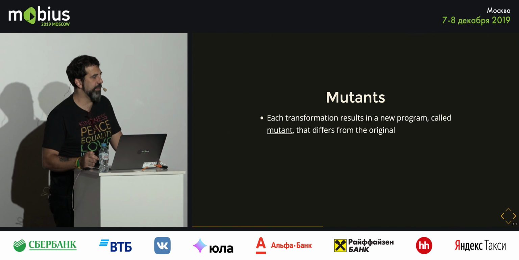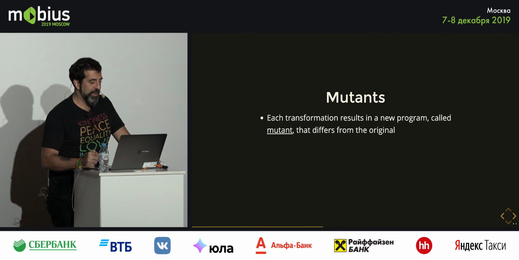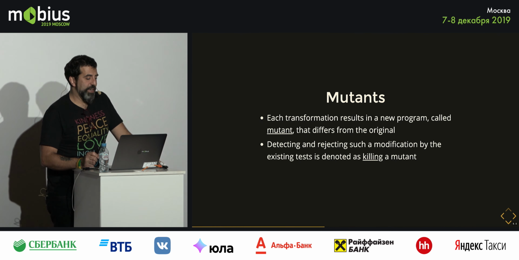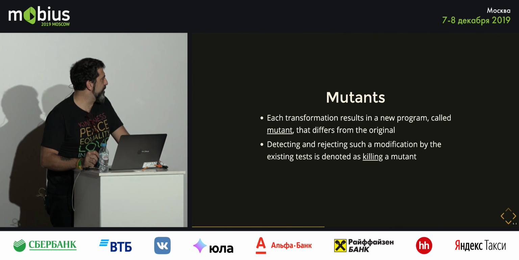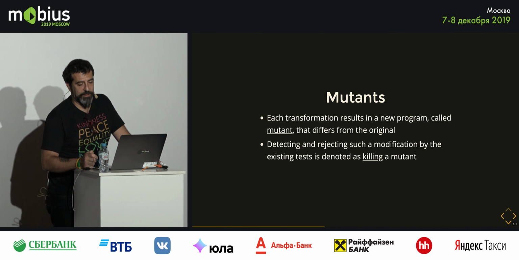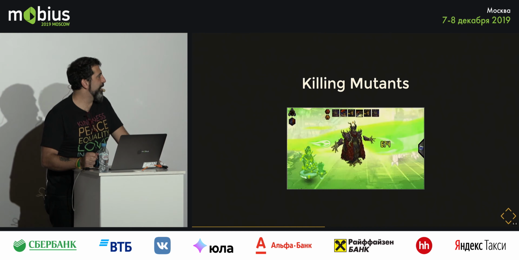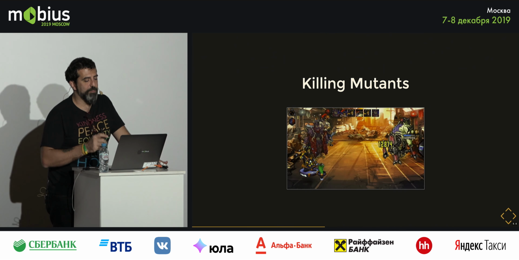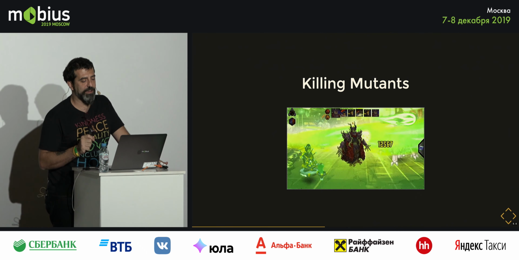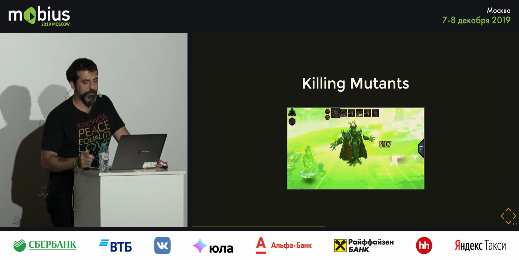Basically, you can mutate the binary through bytecode, or you can mutate the source code. Detecting and rejecting such a modification means that you are killing a mutant. Killing a mutant is nothing more than that. You are going to see if the mutant can be detected by your test or not.